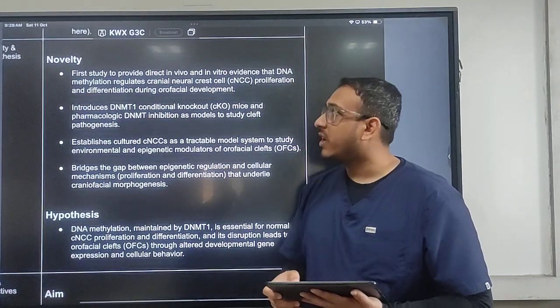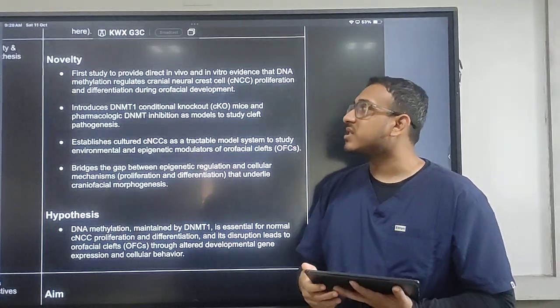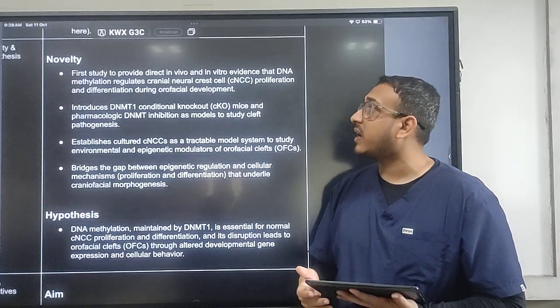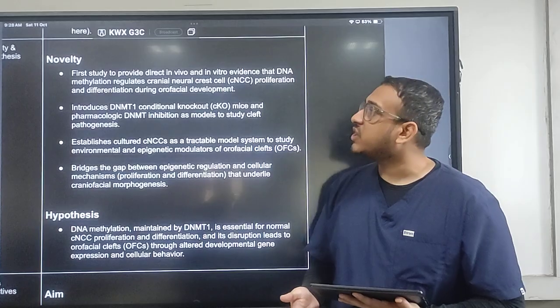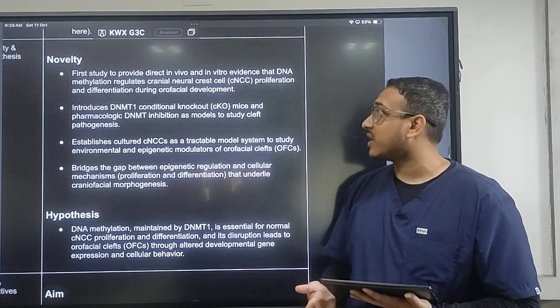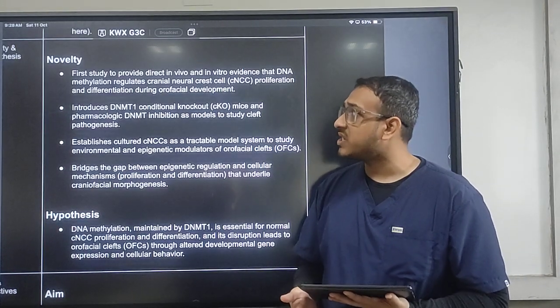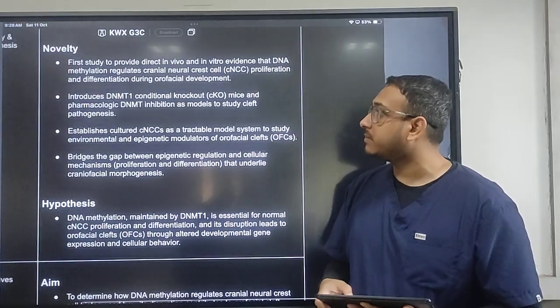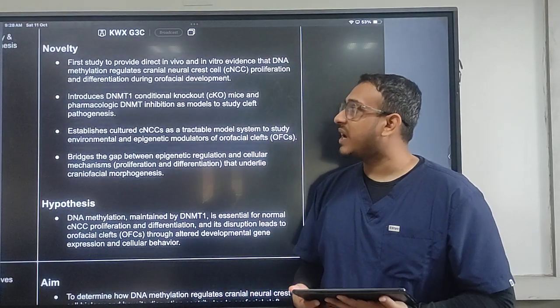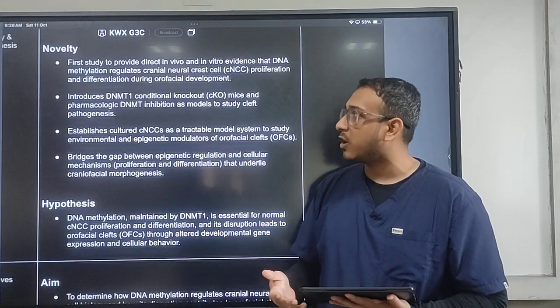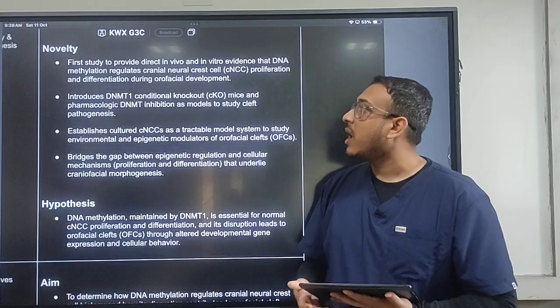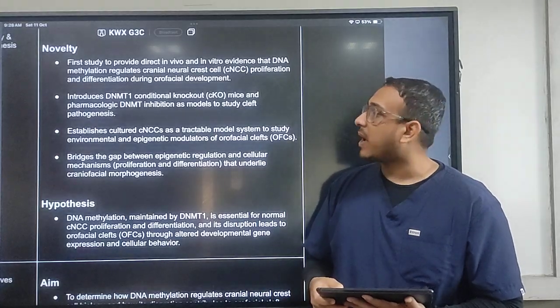So coming to the novelty of this study, this is the first study to provide direct in vivo and in vitro evidence that DNA methylation regulates the cranial neural crest cells' proliferation and differentiation during orofacial development. It introduces DNMT1 conditional knockout mice and pharmacologic DNMT inhibition as models to study cleft pathogenesis.